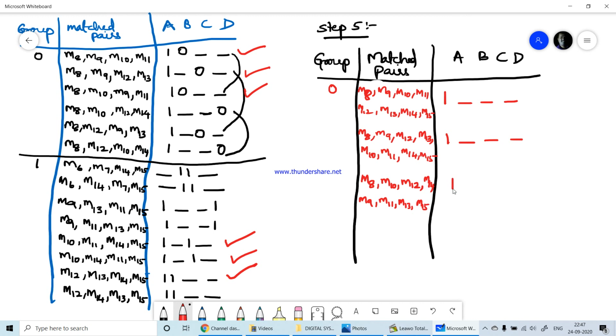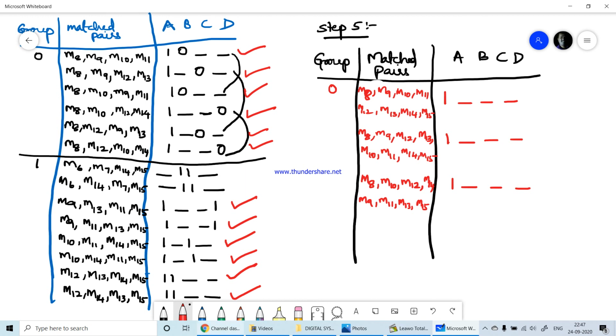So now also you get one triple dash because all have the same minterms. Therefore all of this will be matched. M9, M13, M11, M15 will be matched. M12, M14 is matched, where M8, M10, M12, M14 will be matched. Similarly M8, M12, M9 will also be matched.